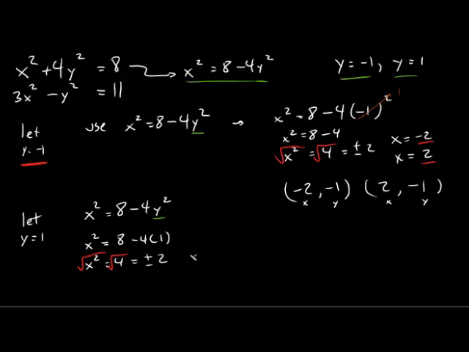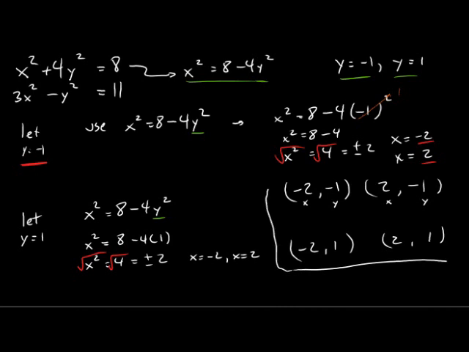This means our possible x values here are also negative 2 and positive 2. Therefore, we'll have two more solutions. Our x could be negative 2 or positive 2, and now our y is positive 1. This means this equation system has 4 solutions.